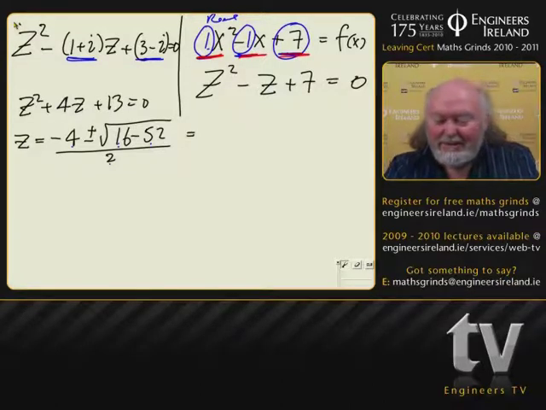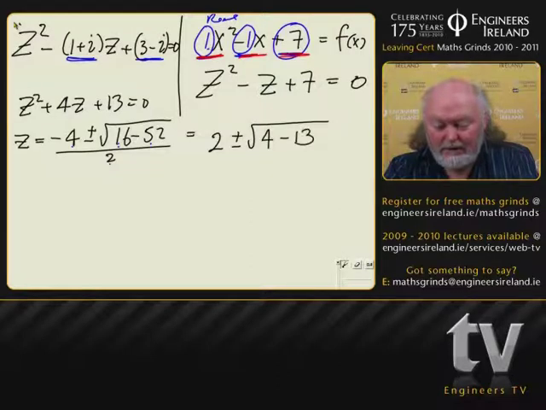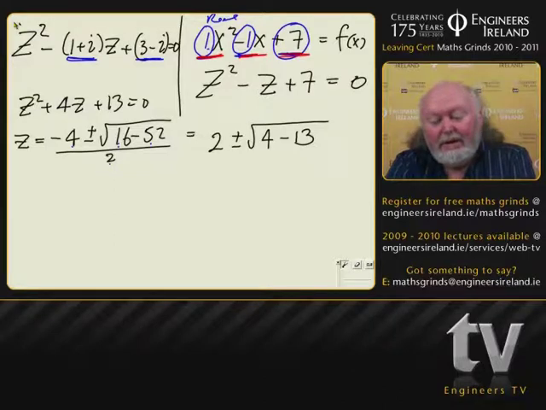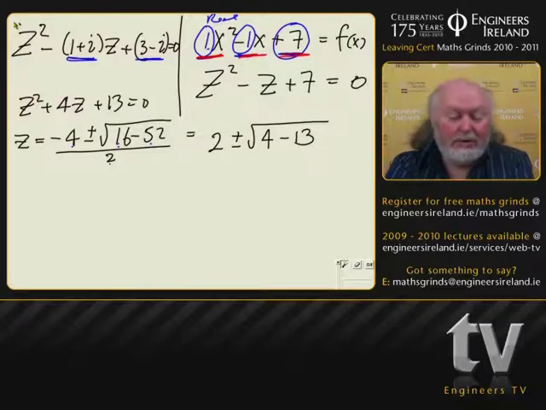Just messing with your head. So we're saying it's equal to 2 plus or minus the square root of 4 minus 13. Okay? I've just pulled out the 4, a common factor from the numbers inside, pulled it outside the square root so it became a 2, and now all the 2's disappear and life gets easier for us.